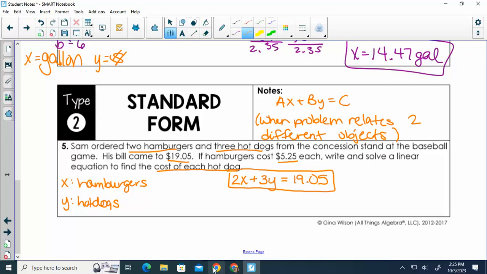Now we have to solve for something. So if we look, hamburgers cost $5.25. So which variable is that? Hamburgers is my x. So I am plugging 5.25 in for my x. Is this an equation we can solve?